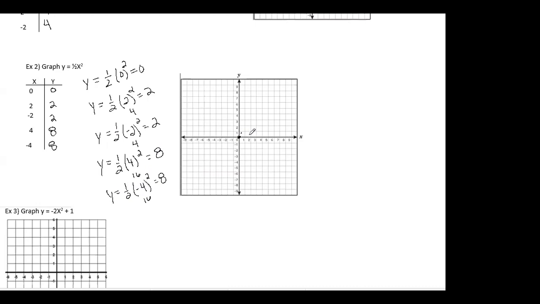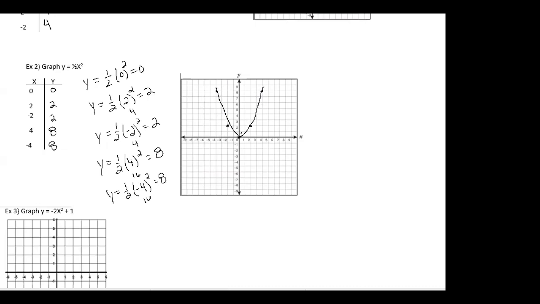So I know that 2 is going to be 2, and 4 is going to be 8. And -4 is going to be 8. Whoops, I missed one point going through. Okay, draw yours a little bit better, but that's how that compares.